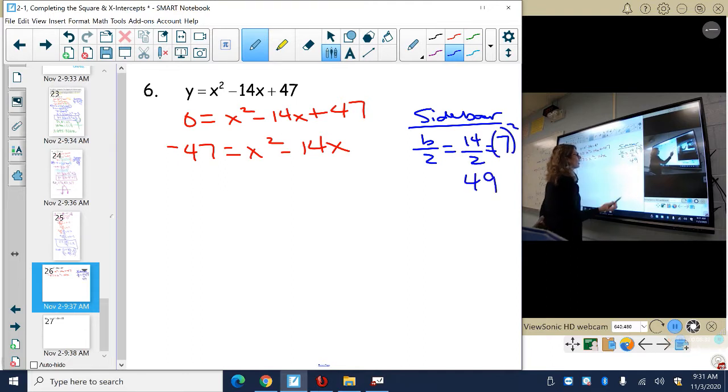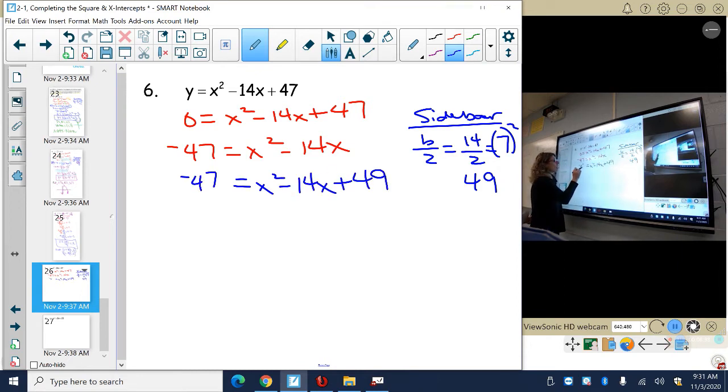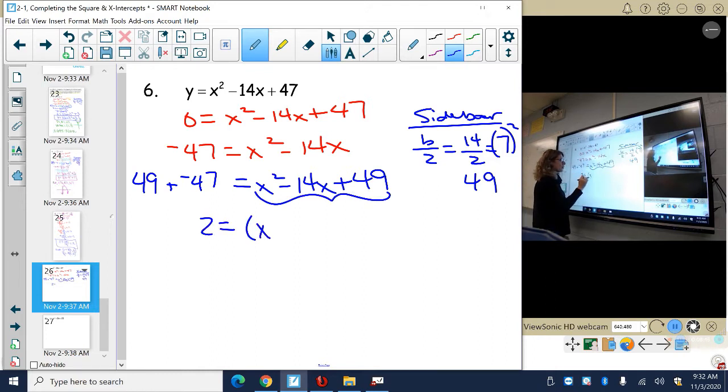Squared is 49. So that's going to give me an x squared minus a 14x plus 49 on the right-hand side, which means I'm going to add 49 to the left-hand side. 49 minus 47 is 2. These 3 terms are going to turn into an x minus, keep this term, and then make the 7 squared. Bring the 2 over.